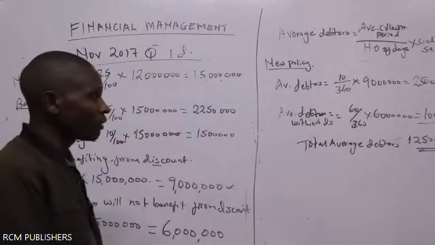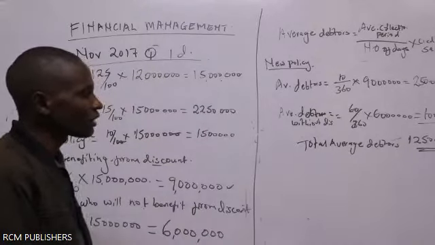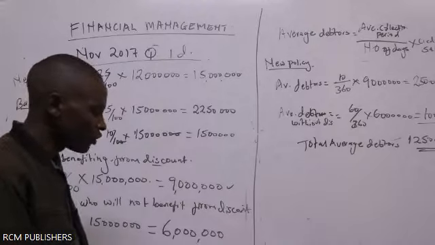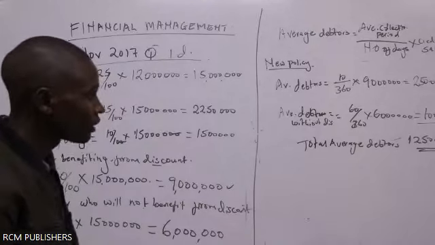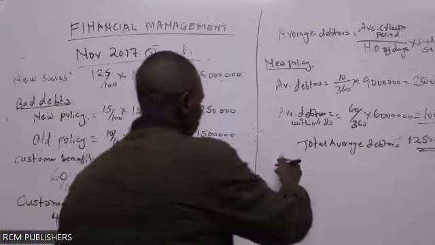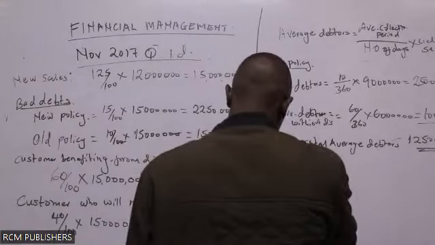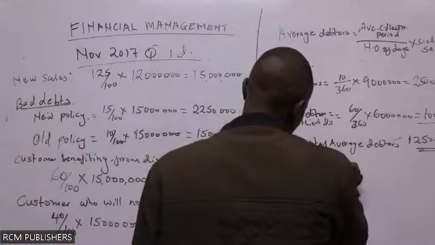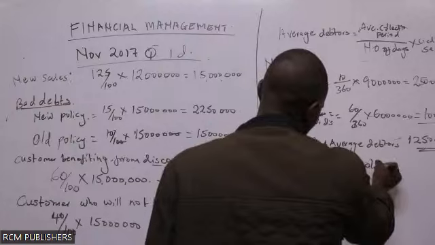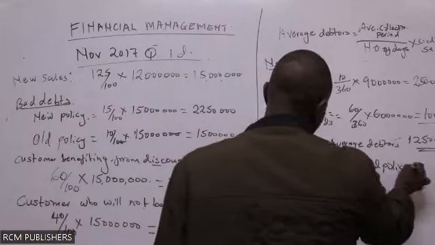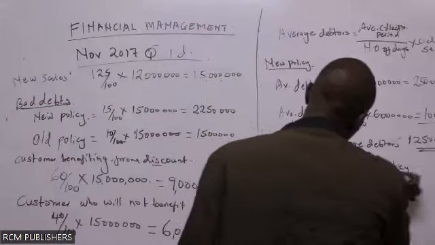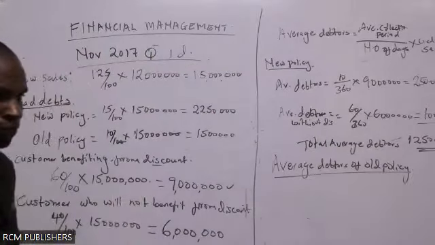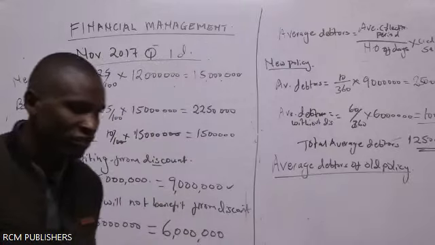From that point, it is now easier for us to see what is happening here. Let's see the average data of the old policy. For the old policy, we remember its sales and its conditions. They were to pay within how many days?